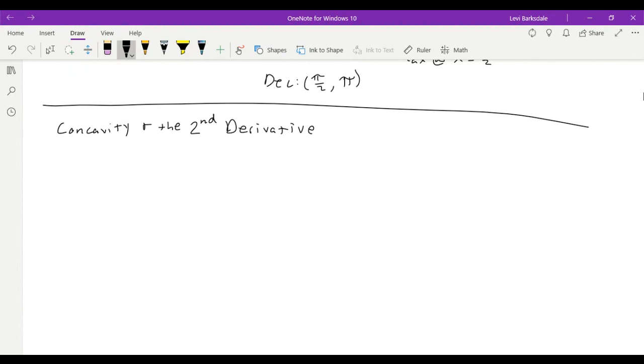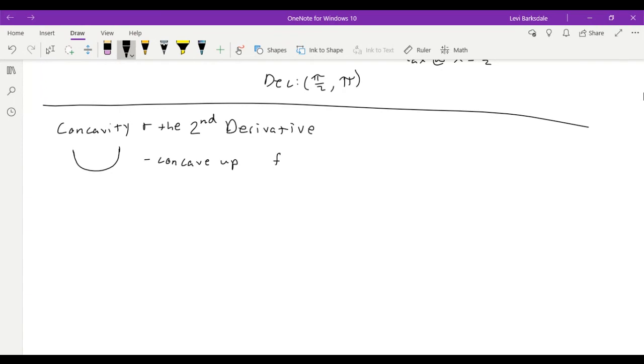Our second derivative tells us the rate of change of the slope. And it's kind of weird to think about, but we really have two ways that concavity can look. First off, it can be an upward curving thing, kind of like a bowl shape. This is called concave up.